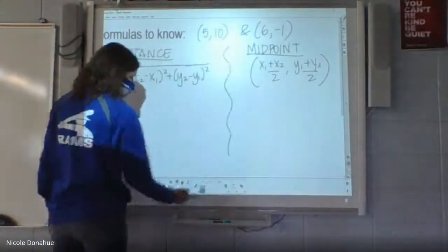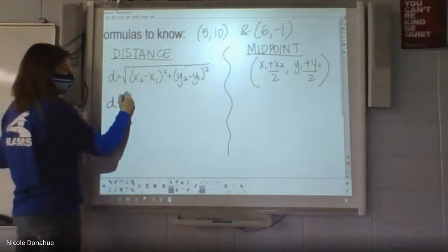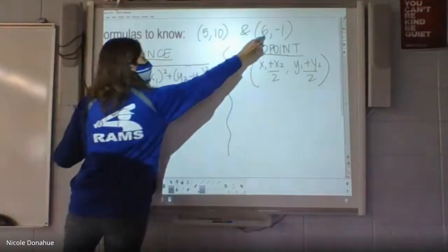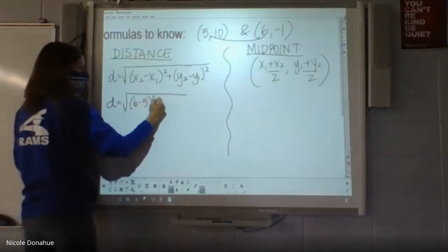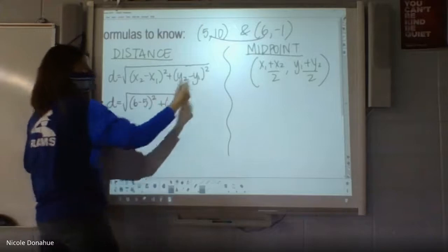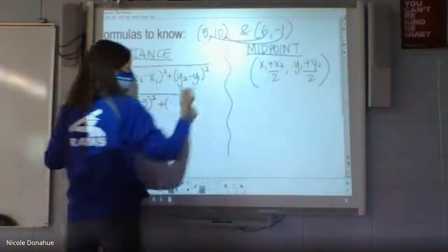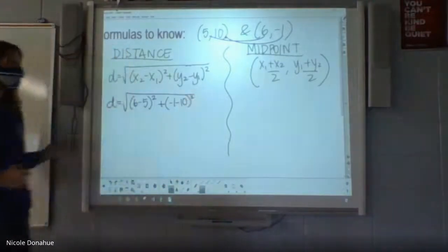So for distance, I'm taking the x's and subtracting them. So I'm doing 6 minus 5, and then I have to square it. Plus, I'm doing the y's and subtracting them: negative 1 minus 10, and I'm squaring it.